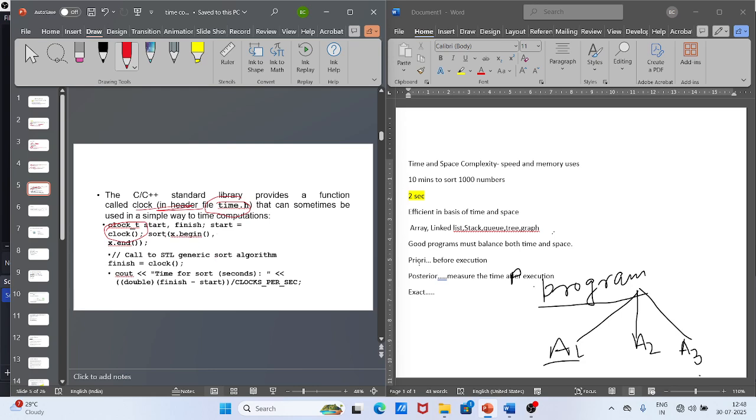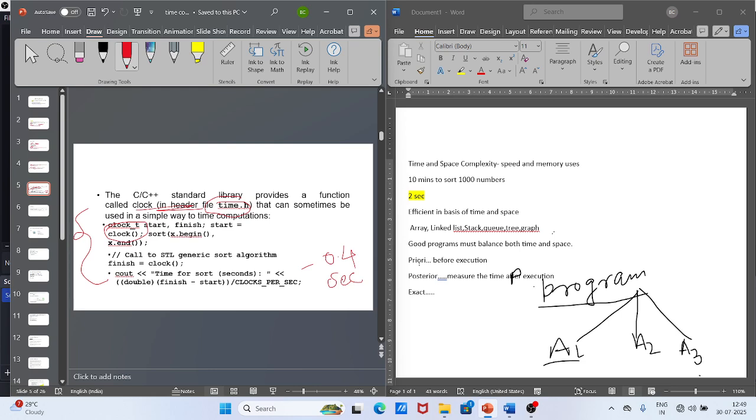A small example: clock start and finish. After that you get the start clock. This code gives you the time taken in seconds to sort the array. Now it gives, I'm just taking it, 0.44 second. Okay, it got the result 0.4 second.